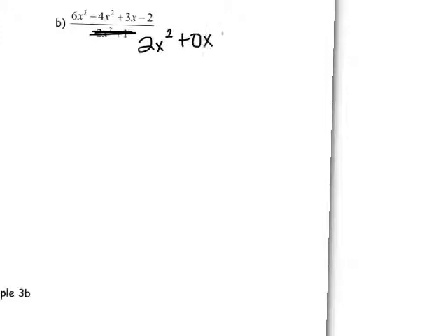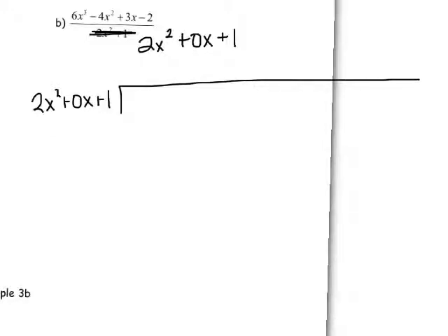You need that single x term. Okay, so again, it's about changing the appearance of the problem. So 2x squared plus 0x plus 1, and 6x cubed minus 4x squared plus 3x minus 2.